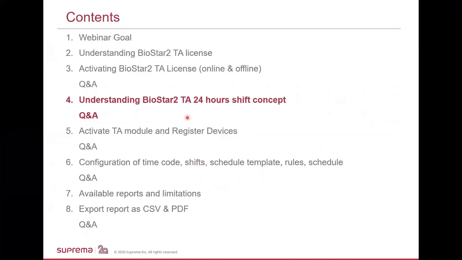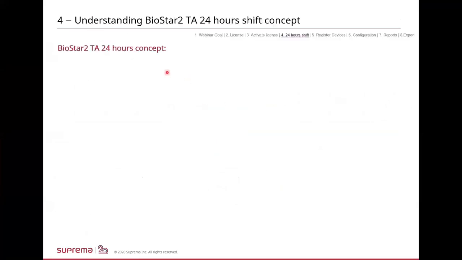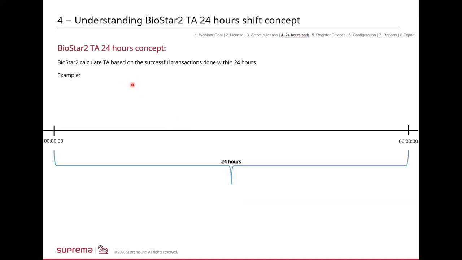So the most important part of BioStar 2 Time Attendance is something called the 24-hour shift. Let's understand this concept and make sure that everyone fully understands it, because this is the foundation, the concept of how BioStar 2 Time Attendance calculates and generates the reports. So, for example, this is your 24 hours, which is usually a day, which starts from midnight, 12 a.m., until 11:59 and 59 seconds on the same day, because the next second is going to be the next day.